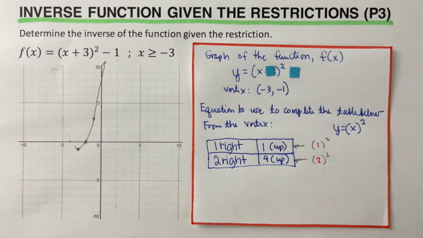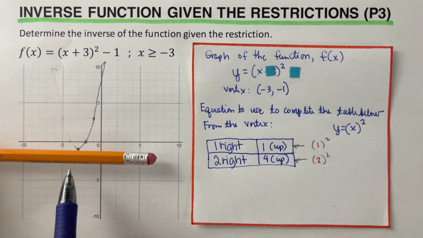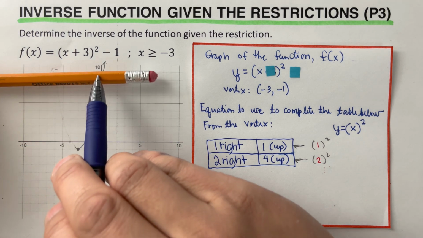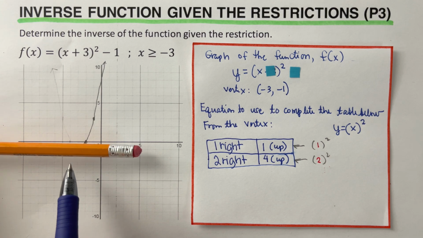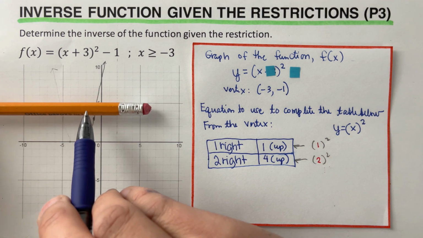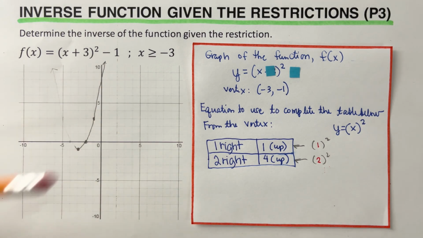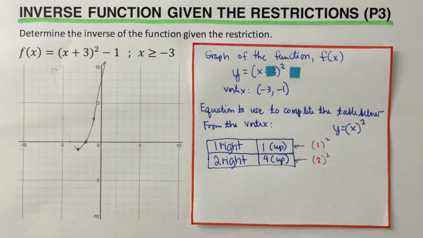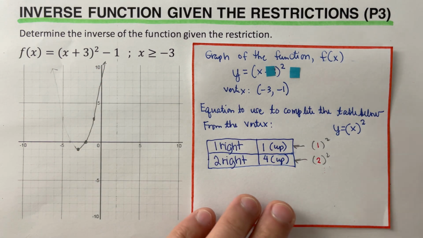As you can see here, this is already a one-to-one function. If we pass a horizontal line on this graph, it only touches the horizontal line one time. So there's only one point that touches the horizontal line each time. So this graph already has an inverse function, or the inverse is already a function.